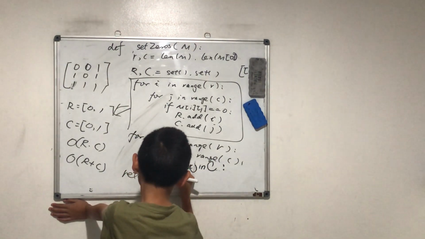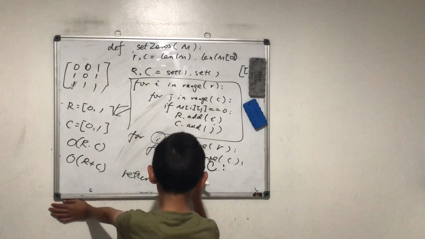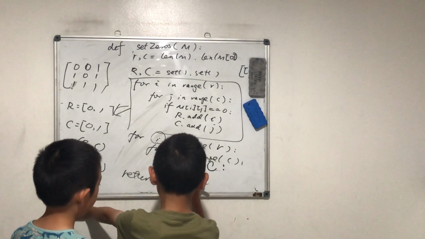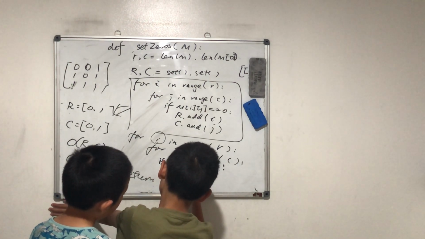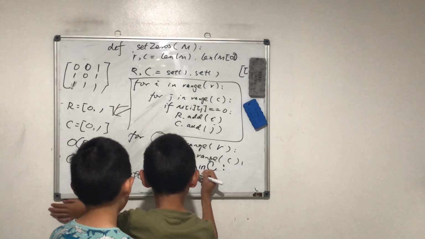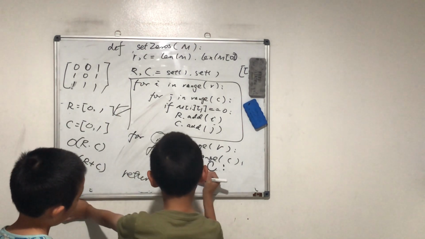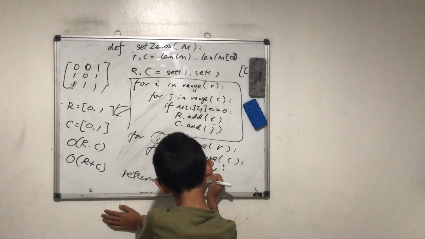M, and then M what? Square bracket, I, and then another one, J. And then we're done. Good job. Then set it to 0. That should be pretty easy.